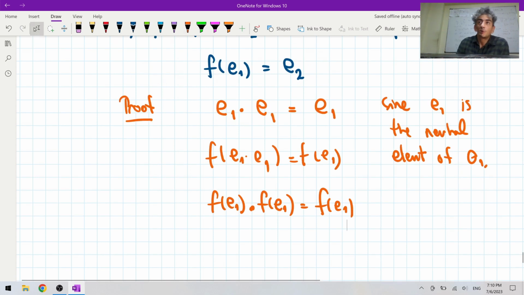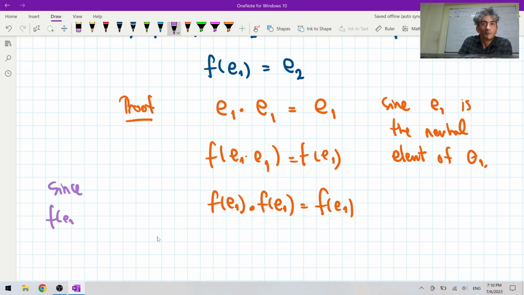So since f of E1 is an element of the group G2, it has an inverse.